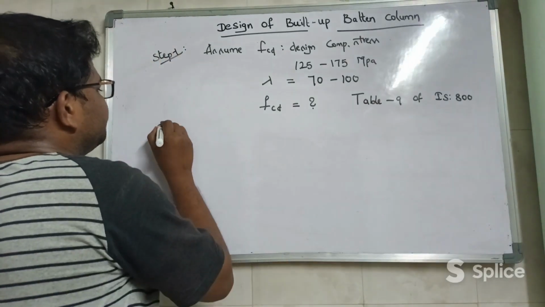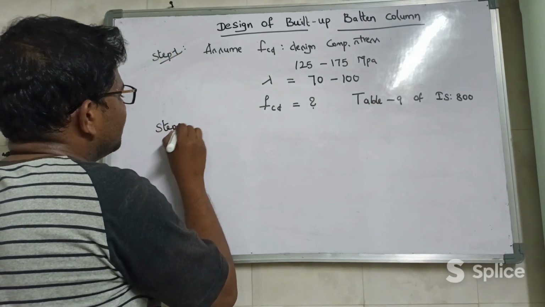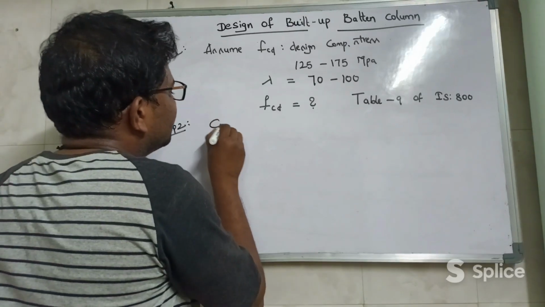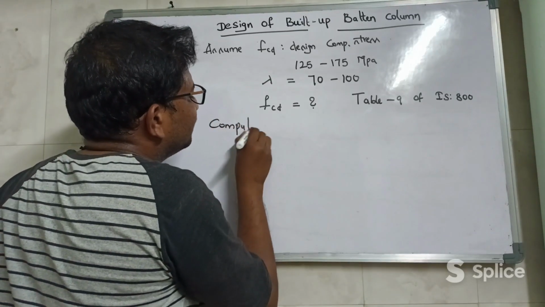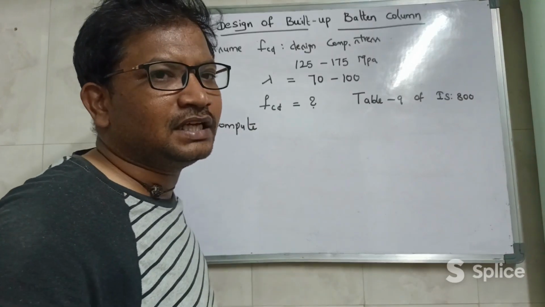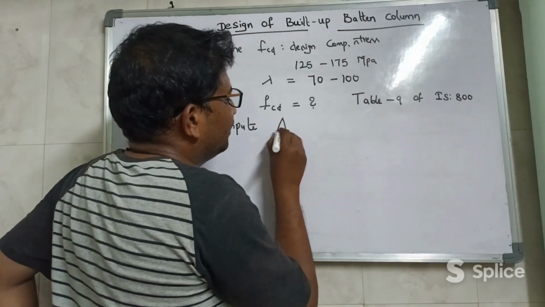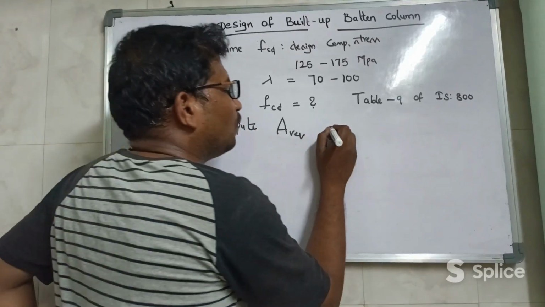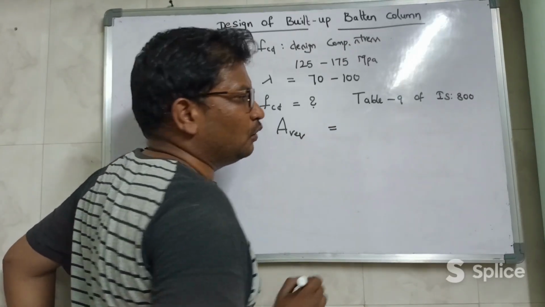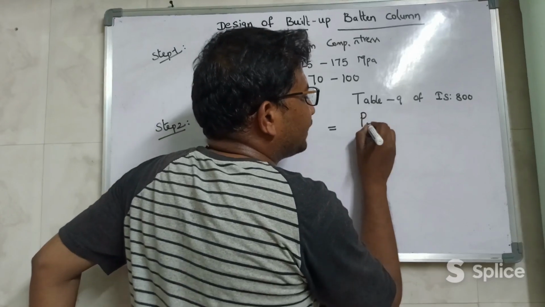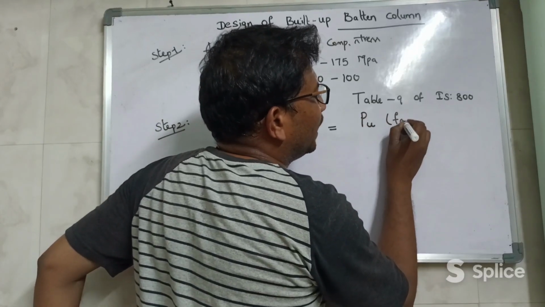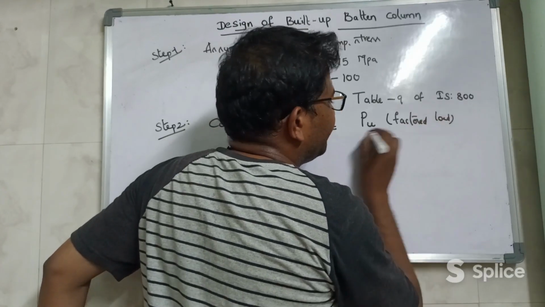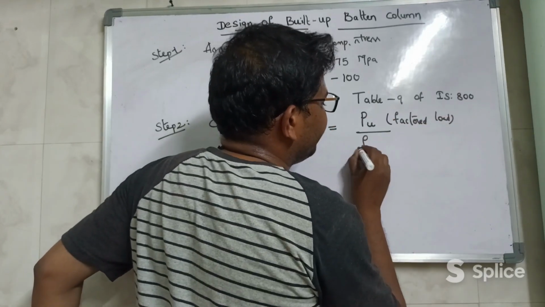Step number 2. Compute required cross-sectional area of the member. Required cross-sectional area is equal to factored load PU by FCD value.